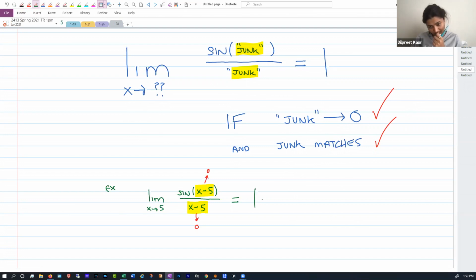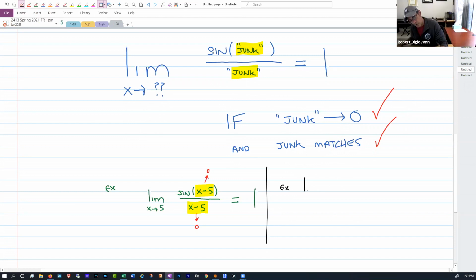Okay? Let me show you another example. Let me do it next to it, and I'll do a different color. What if they don't match? Okay, let me try this.